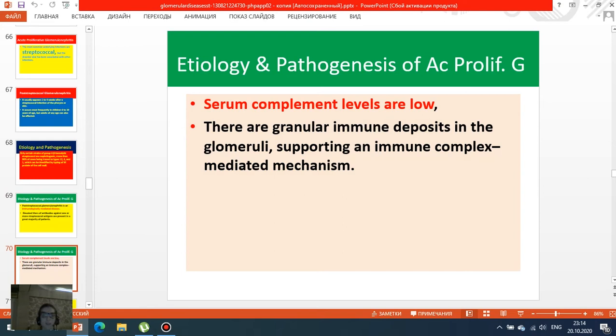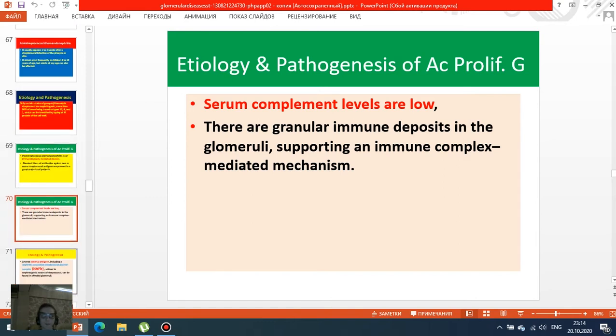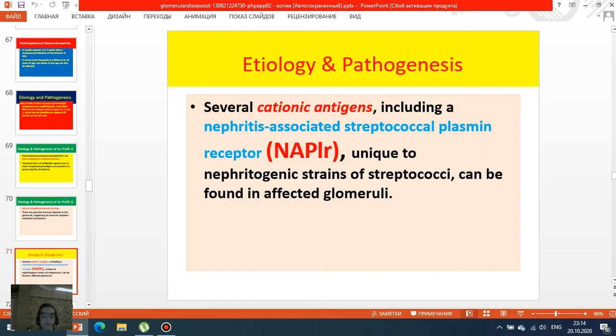Serum complement levels are low. There are granular immune deposits in the glomeruli, supporting an immune complex-mediated mechanism. Several cationic antigens, including a nephritis-associated streptococcal plasmin receptor, unique to nephritogenic strains of streptococci, can be found in affected glomeruli.